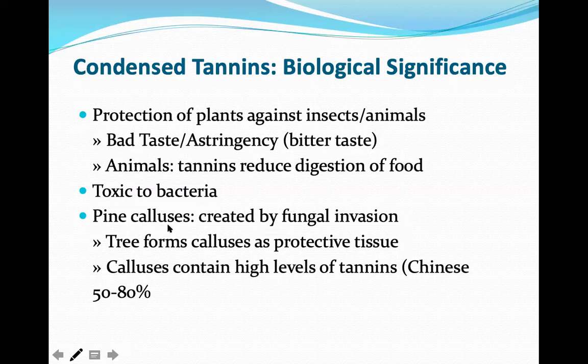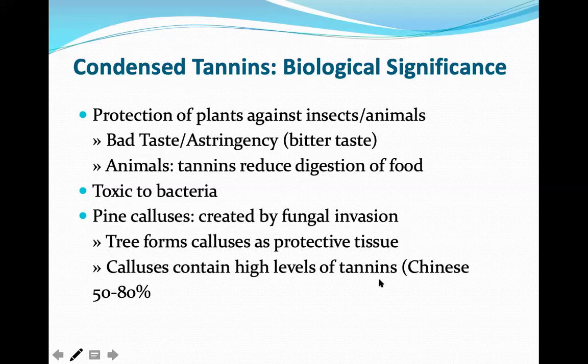In pine, callus is created by fungal invasion. Trees form callus as protective tissue. So some callus is produced due to the condensed tannin, and callus is also protective tissue.